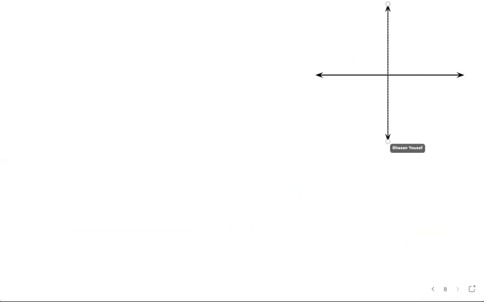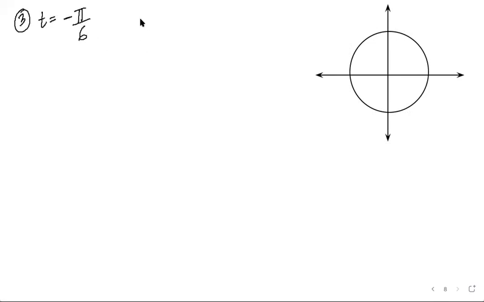Okay, for the third one, negative pi over 6. So t equals negative pi over 6. First of all, we have to know the negative is for the direction.